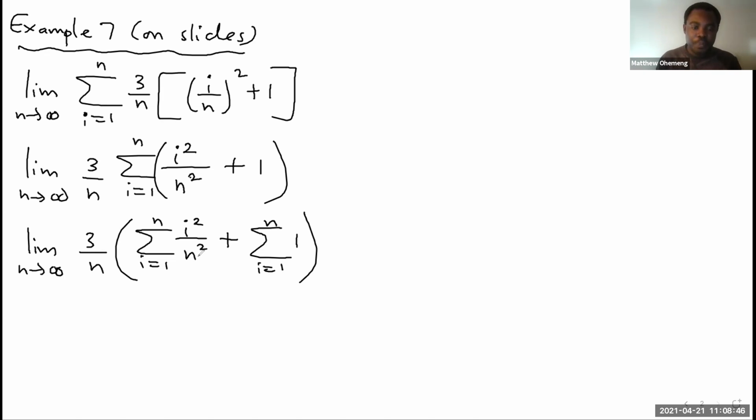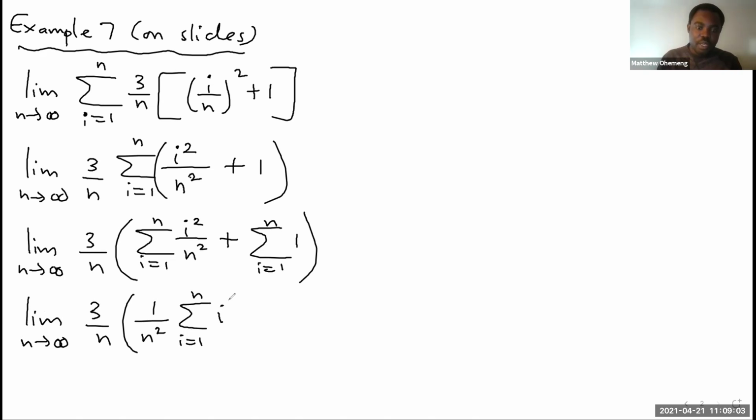And when I get here, once more, this n squared down here is not dependent on the index of summation, so I can pull it out. So that gives me the limit as n approaches infinity of 3 over n, and then there's just 1 over n squared, and then you have sigma i from 1 to n of i squared, and then plus sigma i from 1 to n of 1, like so.